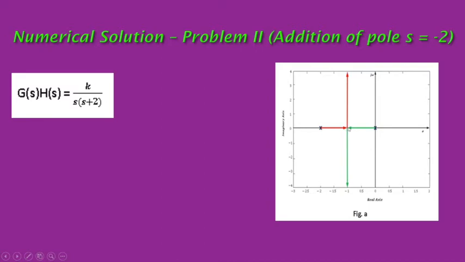And these two root loci meet at a point. So this point is called the breakaway point. If we consider any test point, to the left of which the number of poles on the right-hand side is odd, that means only one, then the root locus lies on the real axis between 0 and minus 2. But on the left-hand side of minus 2, there is no root locus. That's why this root locus moves to this side.